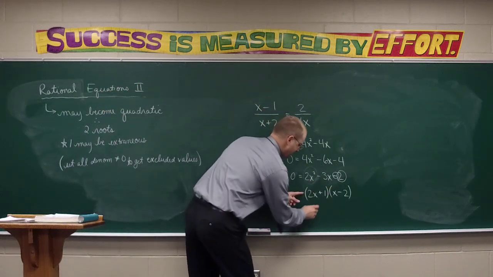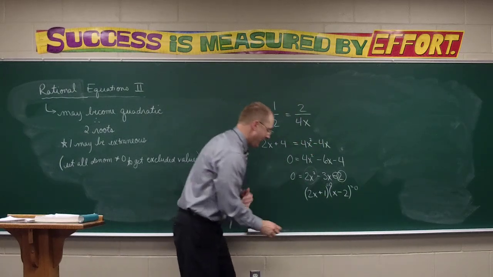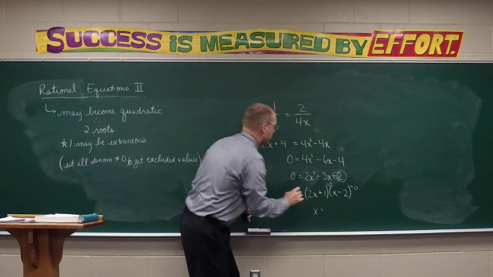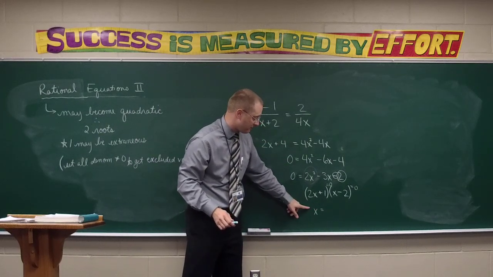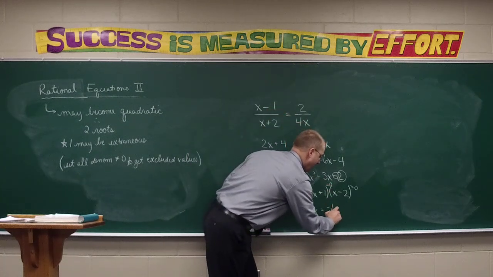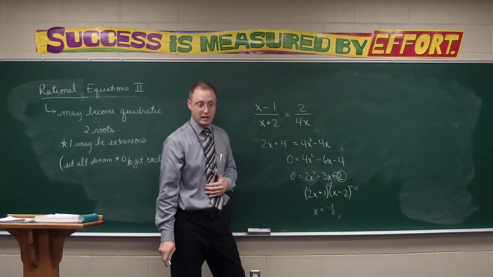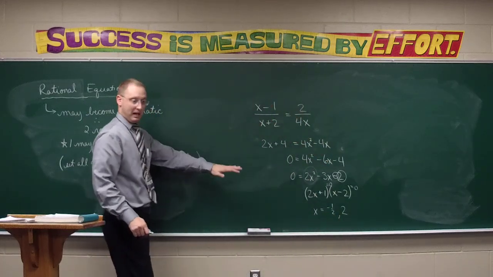So I'm going to set both of these factors equal to 0. And I'm going to get two possible answers for x. My first answer for x, class, is going to be negative 1 over 2, so negative a half. The other answer for x will be positive 2. We would expect two answers.